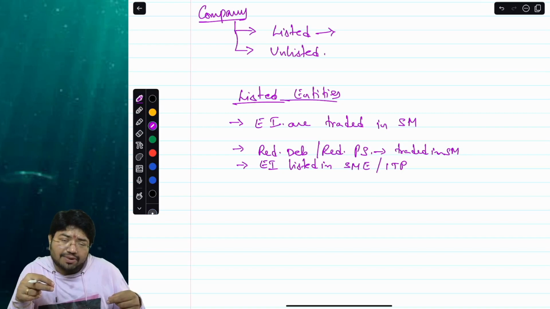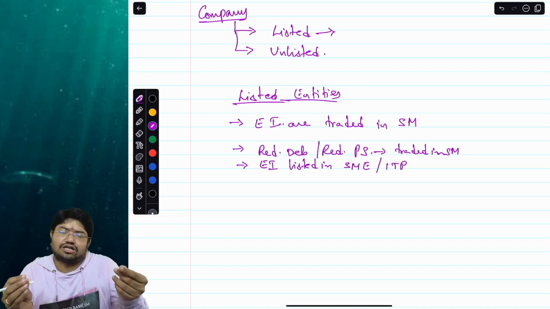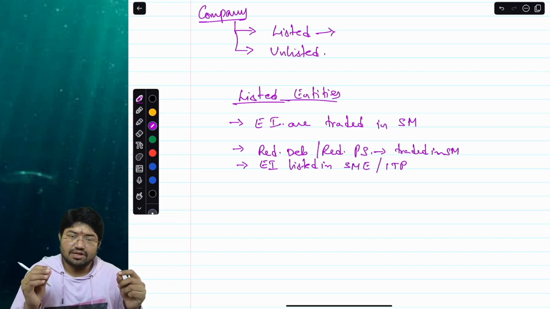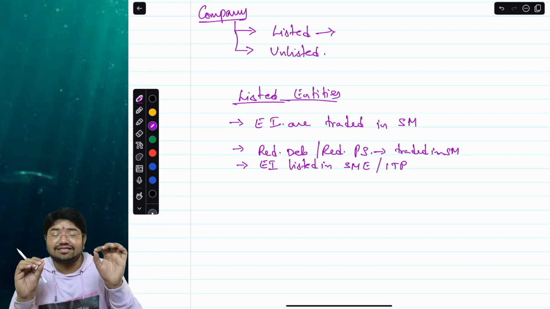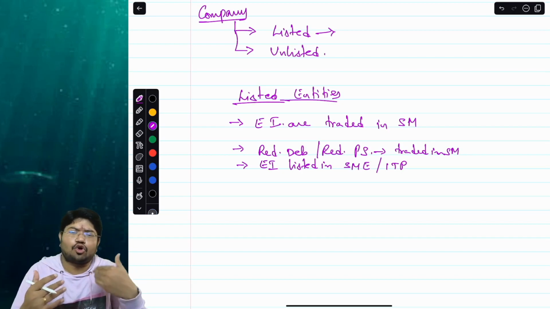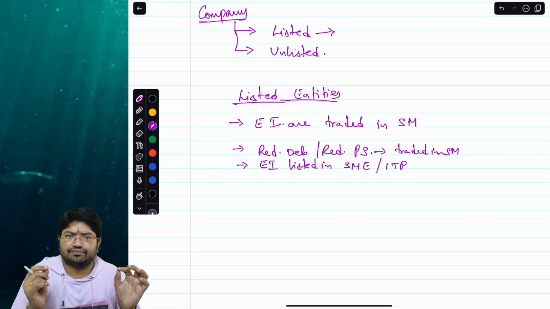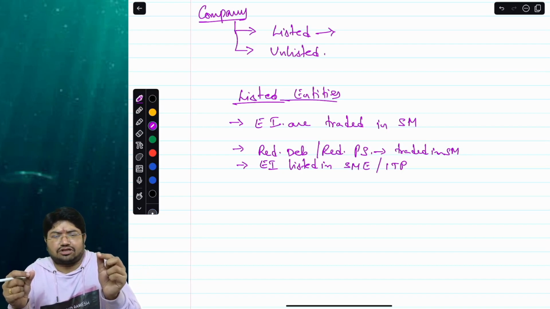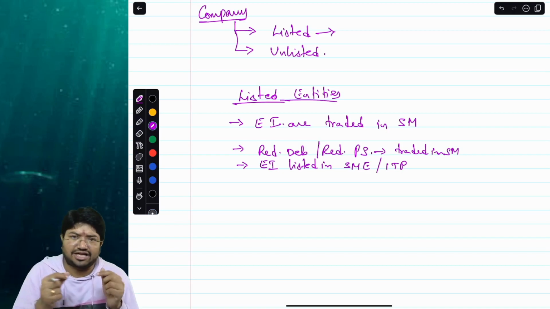I have put my equity instrument on that institutional trading platform. SME means you and I can also go and buy SME stock, where an individual, a small participant can go and buy those SME company shares.